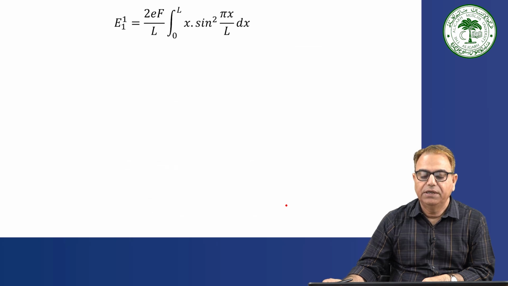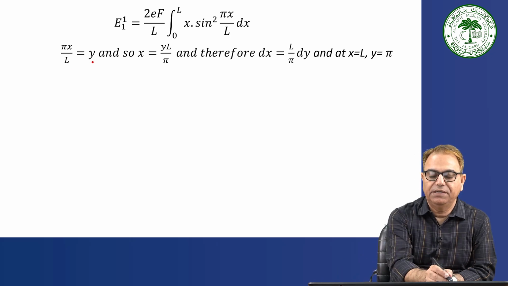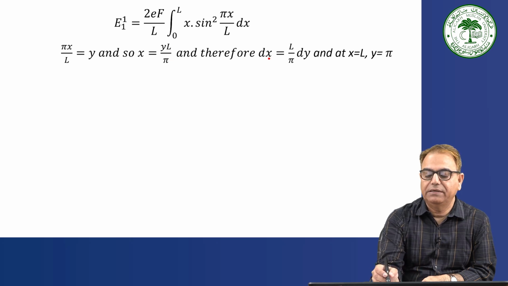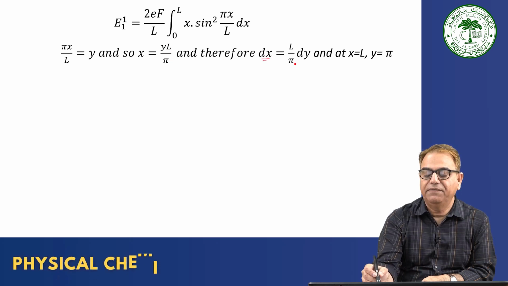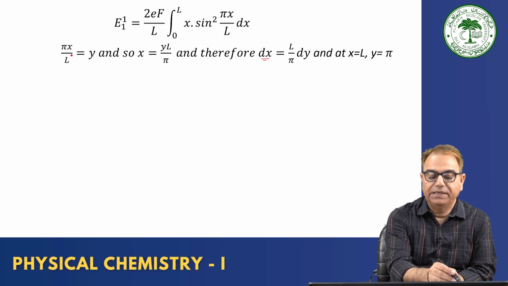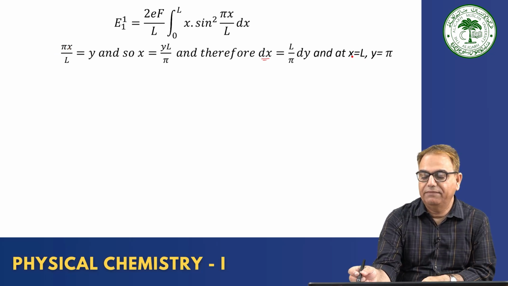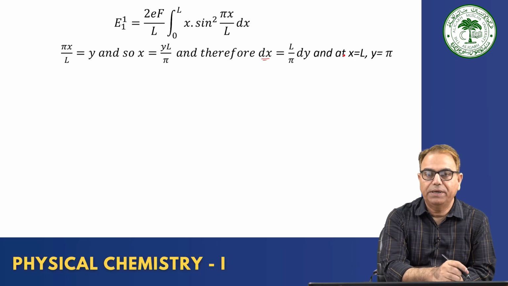So let's do it by changing the variables. We suppose pi x divided by L to be y, and if you rearrange, x is yL divided by pi, and therefore dx will be L divided by pi into dy. If pi x divided by L is equal to y, then when x is 0, y is 0, and when x is equal to L, y is equal to pi.